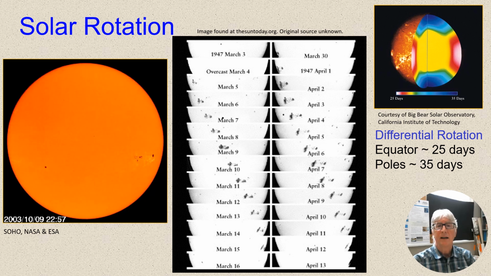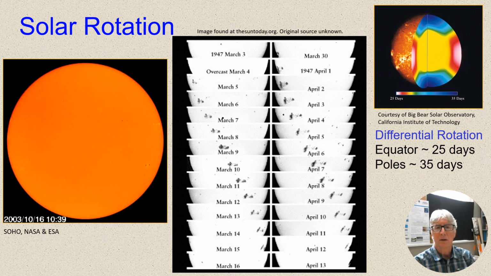First demonstrated by Galileo in about 1612 by observing sunspot motions over many days, we know the sun rotates, and you see that in this little movie here, the sunspots moving around the sun. In the multiple images from 1947, you see the sunspots moving, and by doing that you can estimate the rotation of the sun, which is about a month.